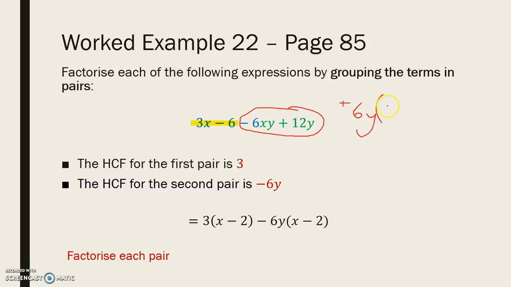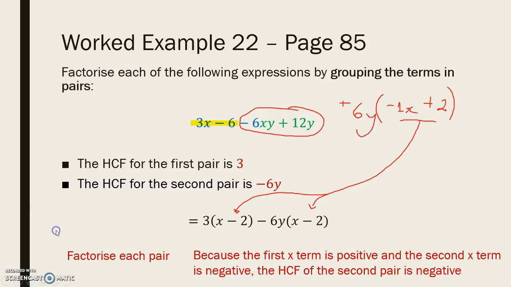What's left in the bracket is negative x, plus 12 divided by 6 is 2, like so. Now you'll see here, this doesn't quite match what we had here or here. Remember that if you've done it correctly, the brackets should match. You'll notice here that the signs are reversed, and that's what happens when you don't always take out that negative. So it's important we do that.